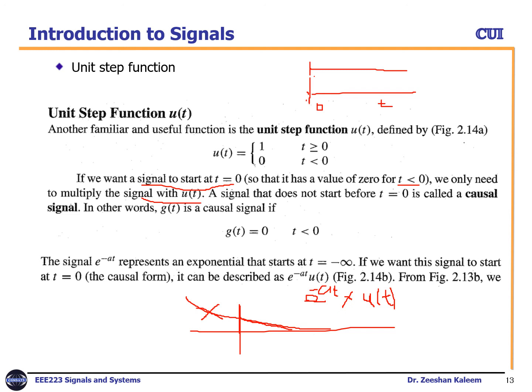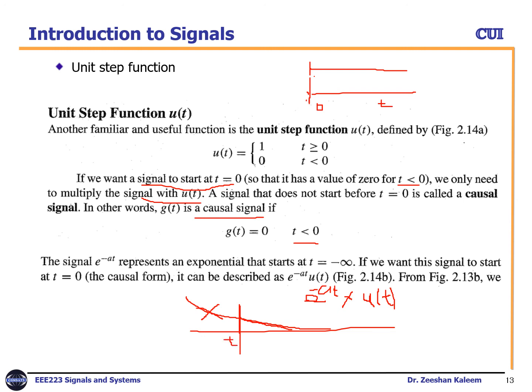Why? Because a signal that does not start before t equals 0 is called a causal signal. In other words, g of t is a causal signal if g of t equals 0 for t less than 0. So if the signal starts from time 0, then it is causal.